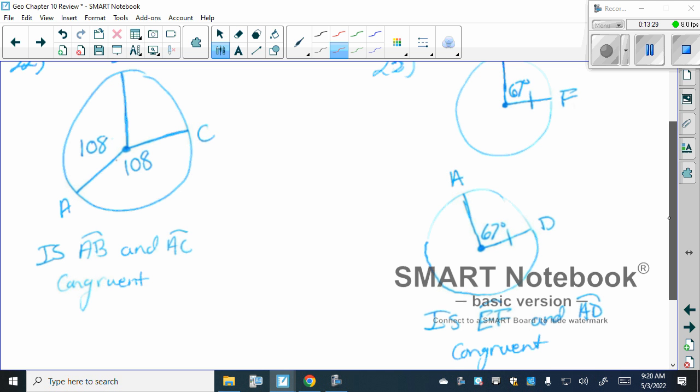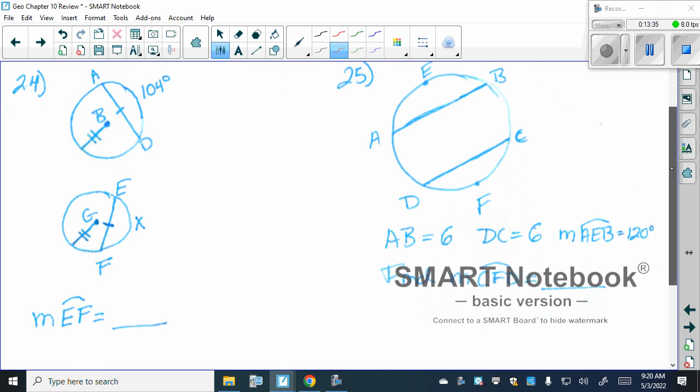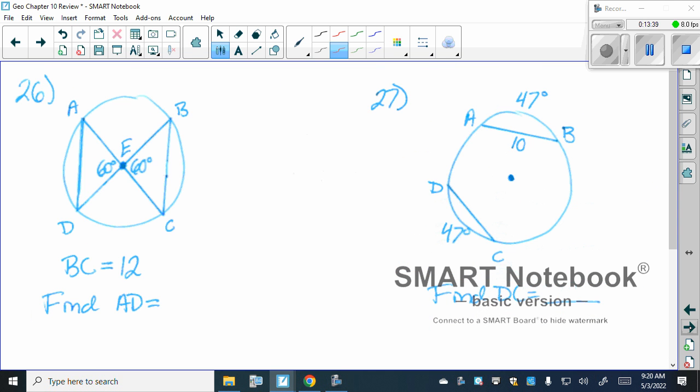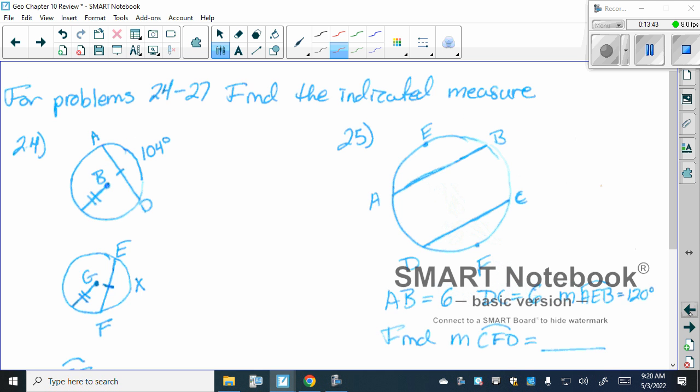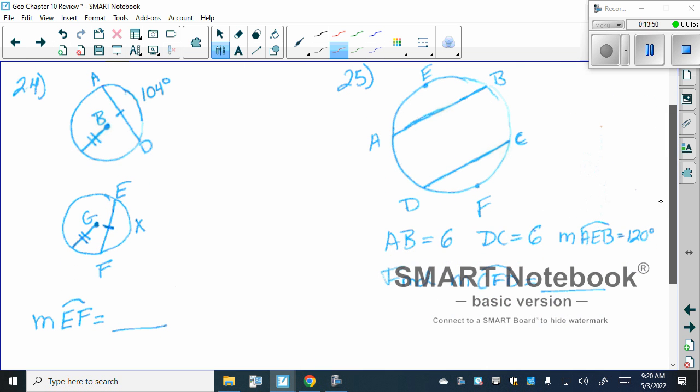Nope, we're not going to worry about these if the arcs are congruent. So not worrying about, find the indicated measure. Okay. So EF would be what? 104.